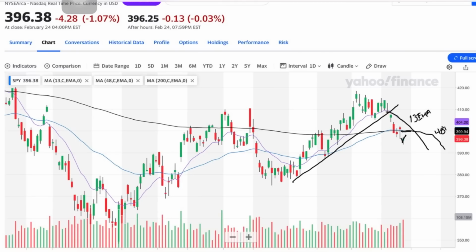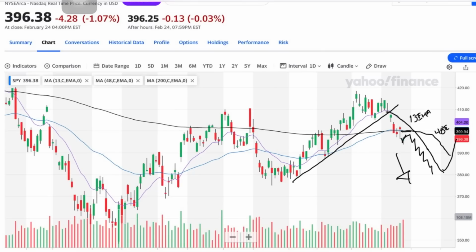Okay, if that begins to curl over, not only do you have the 200 as resistance, you then have the 13 as resistance, and what's most likely going to happen is that we'll begin to ride this down until this begins to curl back around. Okay, and so that's why we're trying to tell you and prep you in advance that we have more downward momentum coming.